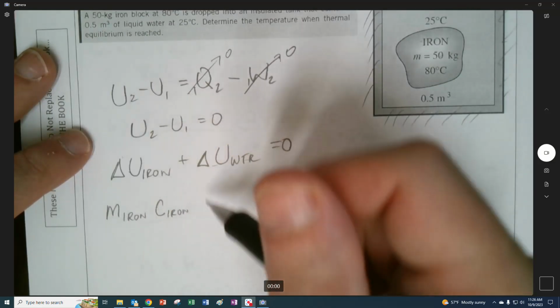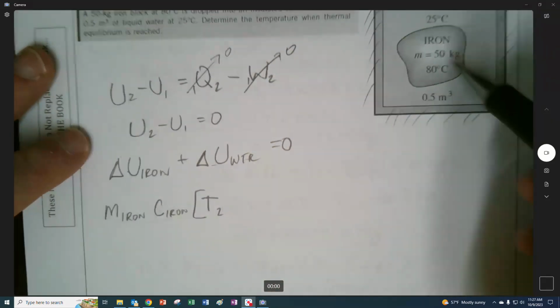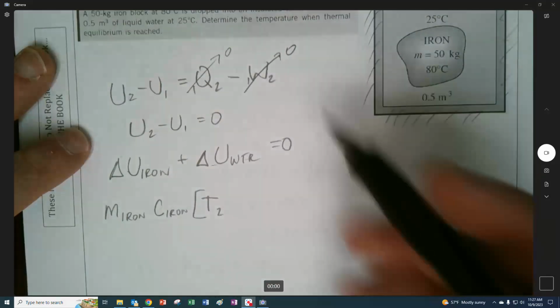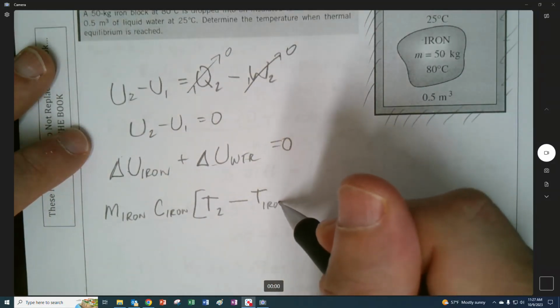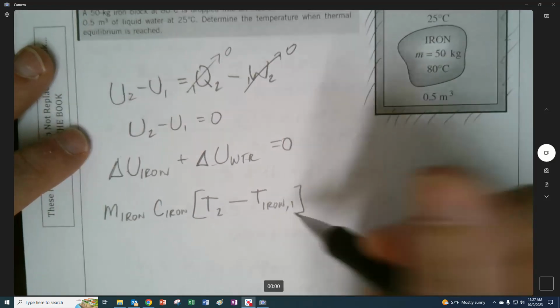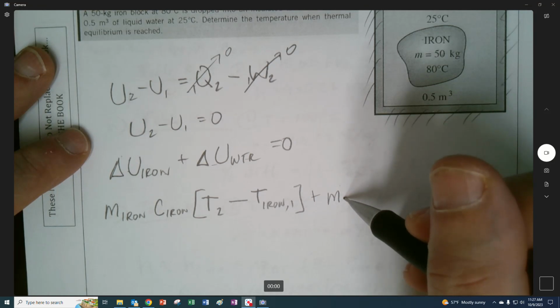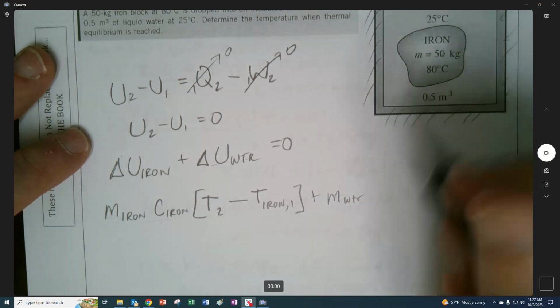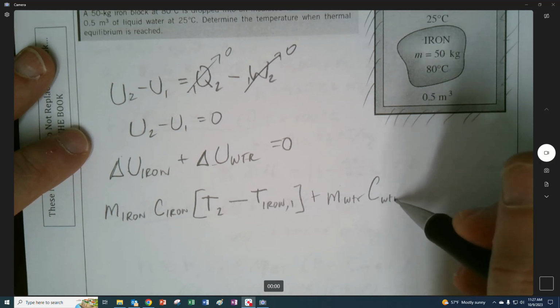So what we could say is we have the mass of the iron times the specific heat of the iron times the temperature at the end, which is going to be T2, both are going to have the same temperature, minus the iron temperature at state 1, plus the mass of the water times the C of the water.